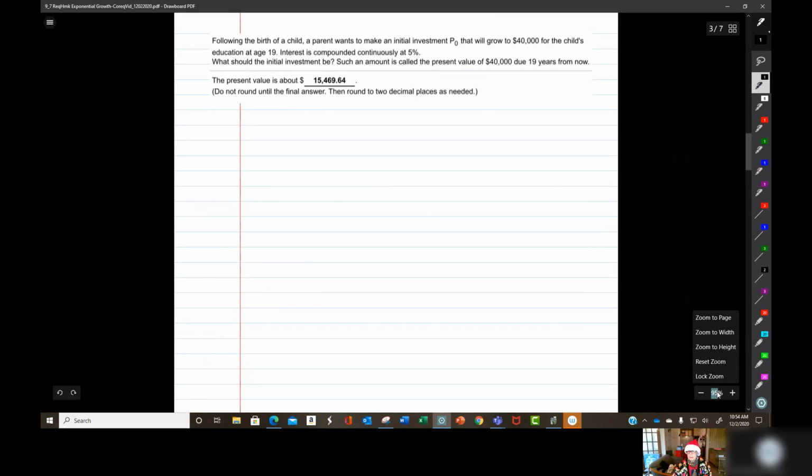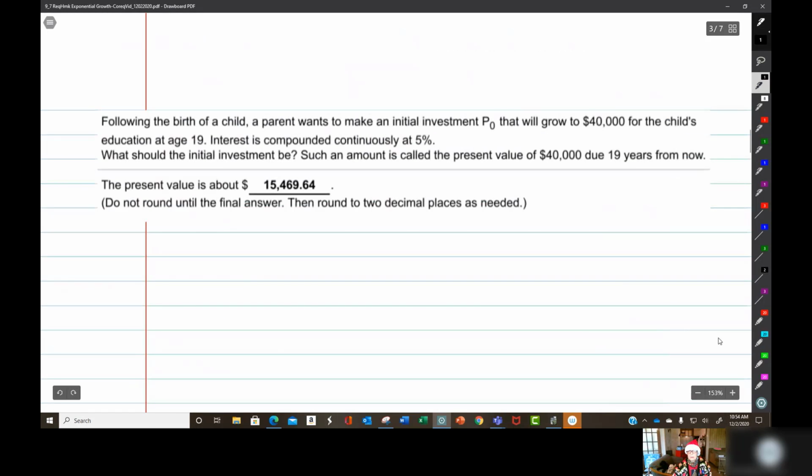Okay. Now we have a problem where I bet you could be the person who would open up the account for these parents. Following the birth of a child, a parent wants to make an initial investment called P0. In other words, it's the principal.